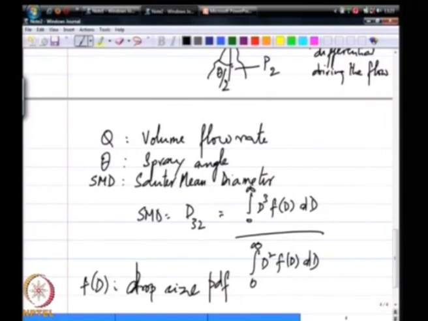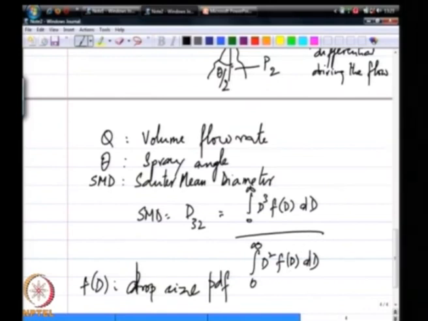F of d is my drop size PDF, and D32 is defined as the third moment, which is integral 0 to infinity d cubed f of d dd, divided by the second moment, which is 0 to infinity d squared f of d dd.